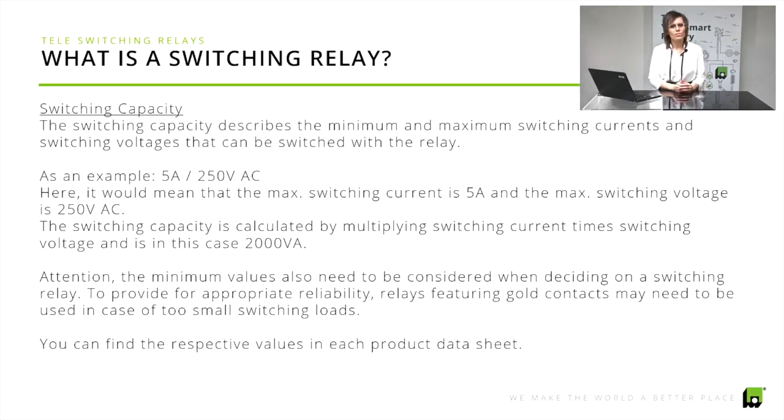To briefly explain, AC1 is the category for non-inductive and light loads, such as resistance furnaces. AC3 refers to squirrel cage motors and the starting and switching off during operation. AC15 is controlling electromagnetic loads at AC voltage. And DC13 is controlling electromagnets at DC voltage.